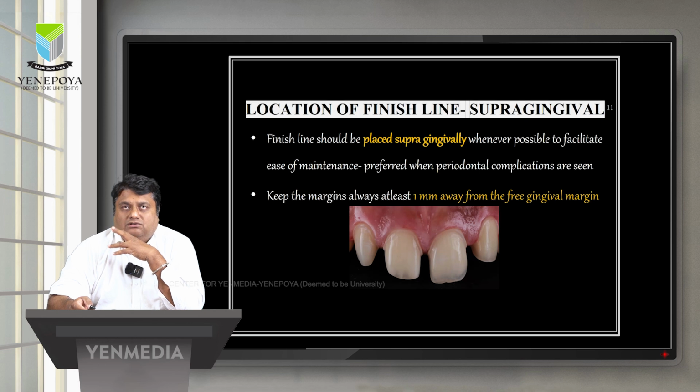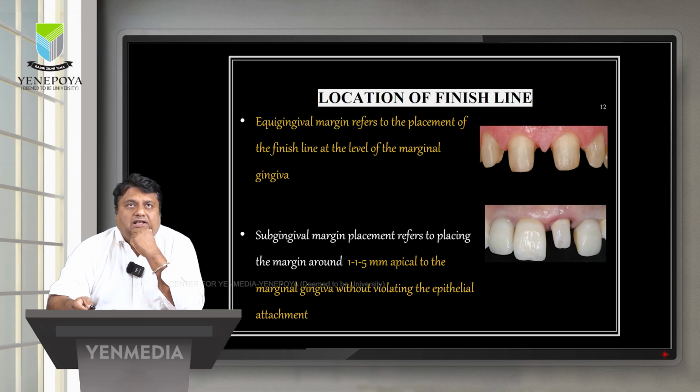But as we all know, supragingival is the best finish line possible, so that it is self-cleansing and can take care of itself. It should be placed supragingival, a millimeter away from the free gingival margin. Equigingival margin is at the level of the marginal gingiva, and subgingival is placed usually 1 to 1.5 mm.